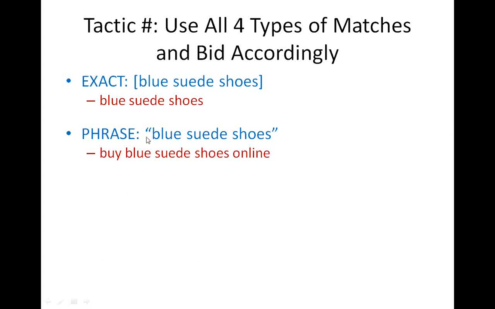When you put your keyword between quotes, that means that people had to be searching for that phrase, but they can put whatever they want before it or after it. Okay, so for example, right here, if someone searches for buy blue sweat shoes online, they'll find your website. Okay, because although there's an online after and a buy before, you still have blue sweat shoes here.